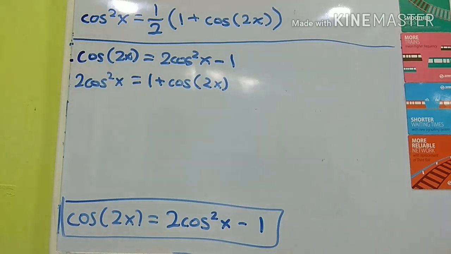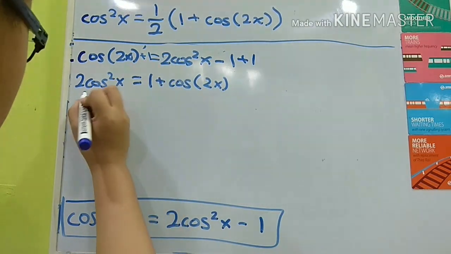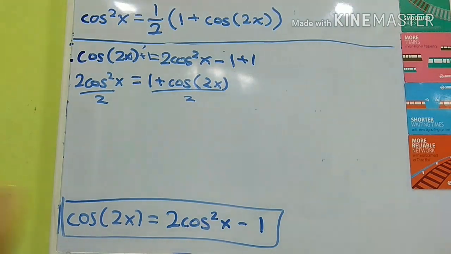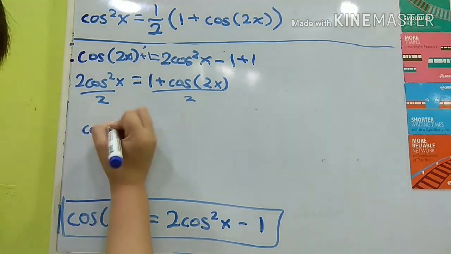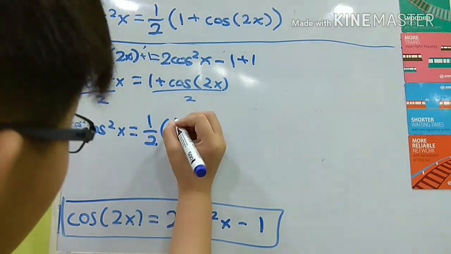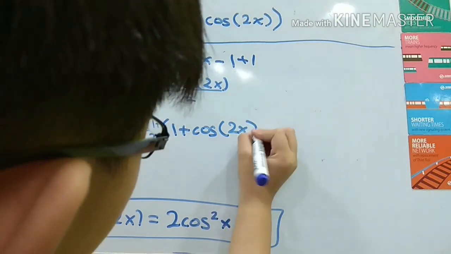Then, in order to get the cosine square of x, all I have to do now is just divide by 2. Divide by 2 on both sides to give cosine square of x is equal to half of 1 plus cosine of 2x.